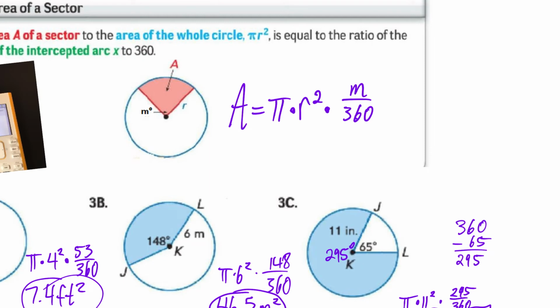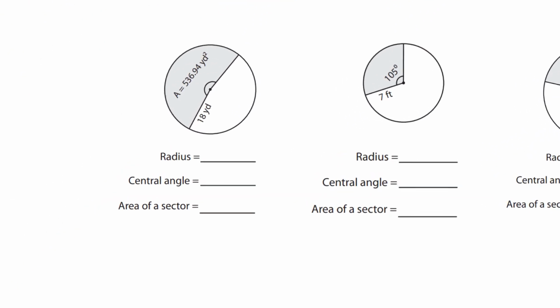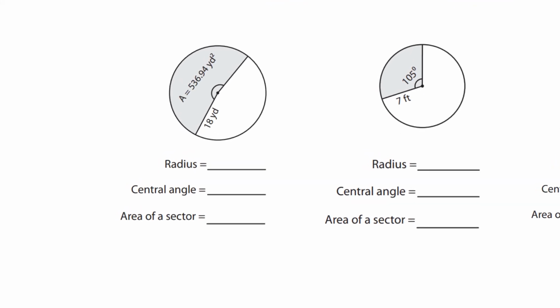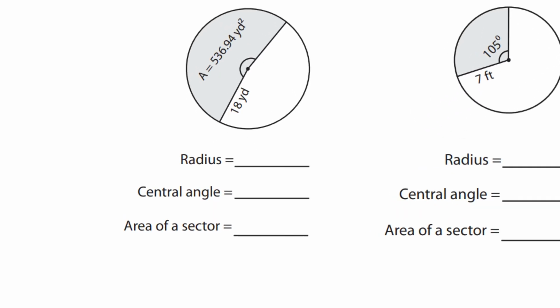Okay, so that's the formula. That's how it works. Pretty simple. What we're going to do down here is look for different pieces. On this first one, we know the area of the sector and we know the radius. Let's fill that in as we go. What is the radius of this circle? 18.